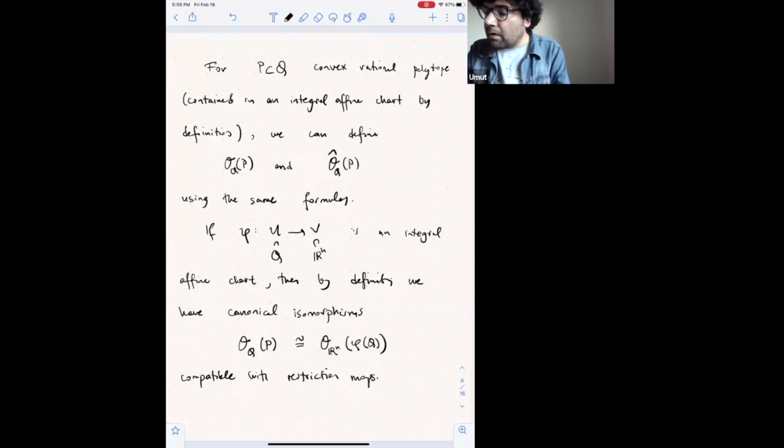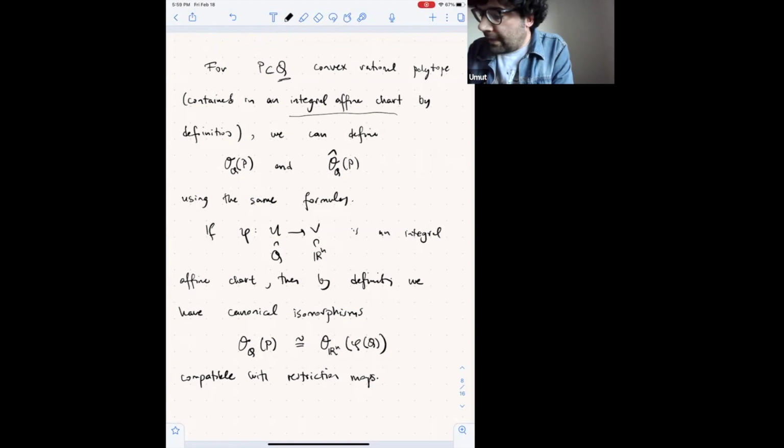Okay, so now inside this integral affine manifold, again, I can consider convex rational polytopes. These convex rational polytopes, by definition, are all contained in integral affine charts. And inside an integral affine chart, using the map, you can think of it as a subset of R^n, and it should be a convex rational polytope inside that R^n.